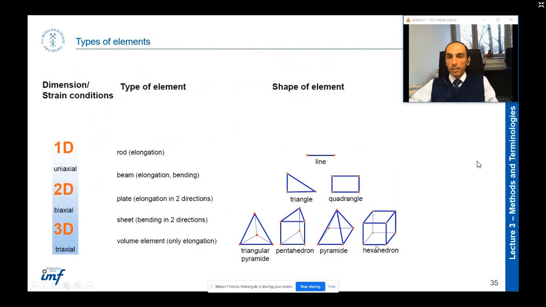Again, in the case of 3D, hexahedron elements are the best from the point of view of stability of calculation, but in many cases you cannot mesh your workpiece using this kind of element. Then you should use other types, and the most flexible one is the triangular pyramid, because by using this form you can mesh any geometry, any workpiece.